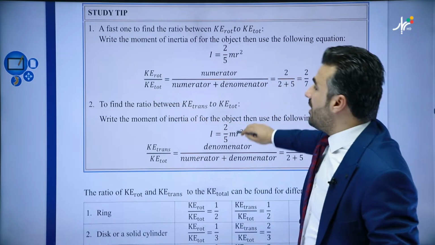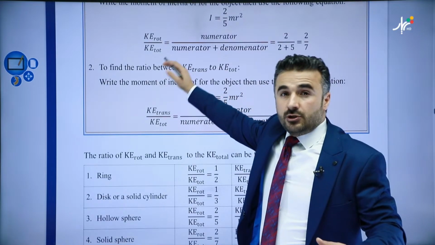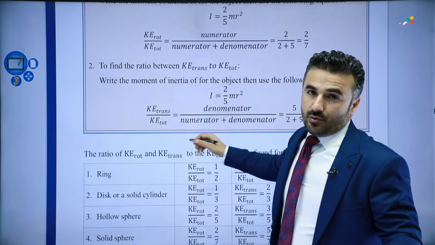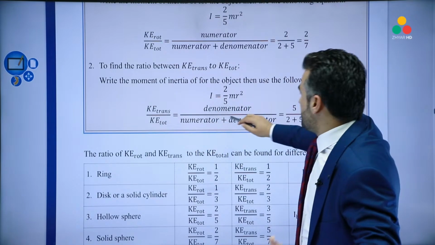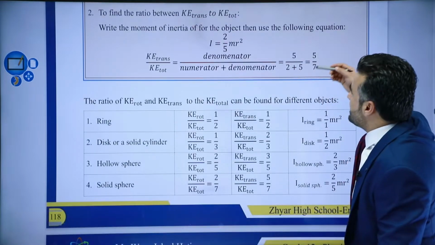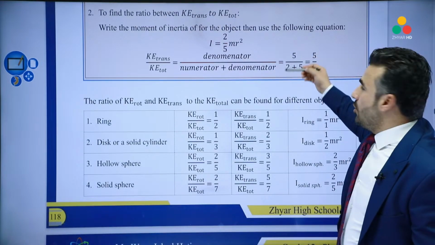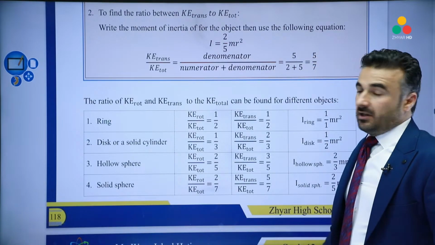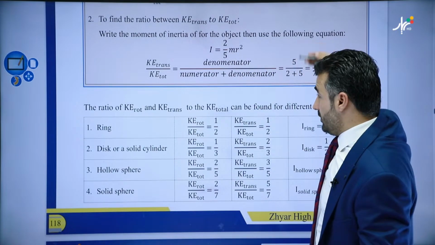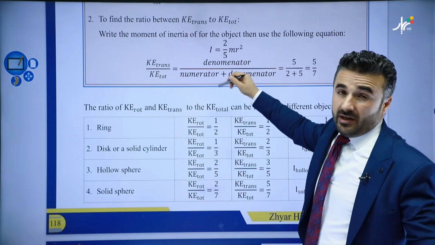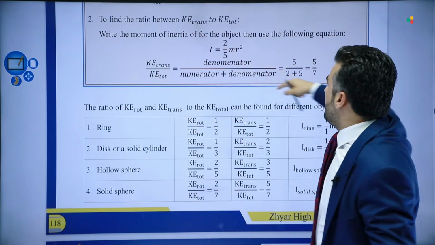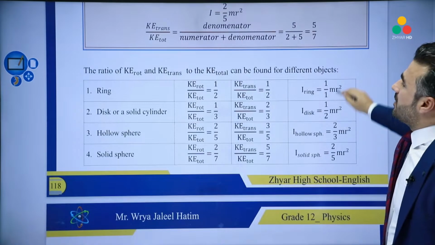What if we want the ratio of translational kinetic energy to the total? Then of course we'll say denominator divided by numerator plus denominator, which in this case is 5 over 2 plus 5. The denominator is 5, so just 5 over, and the bottom will be numerator plus denominator. So 2 plus 5, that is going to be 7, and that's how it is done.